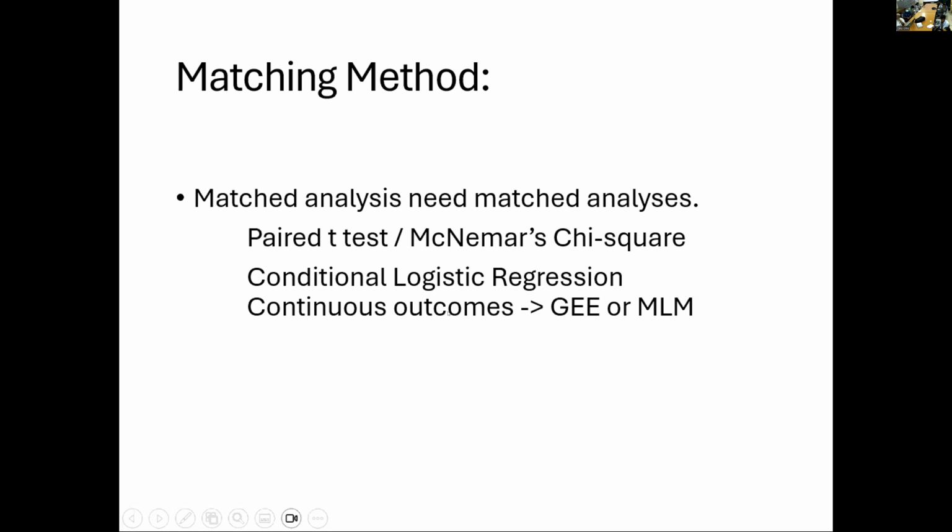If this is a continuous outcome, there is no ready-made matched pair regression analysis available, but it is basically a generalized estimating equation or multi-level modeling concept, which you can ask a statistician to do. This is meant only for matched analysis.